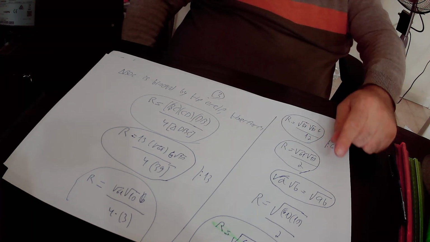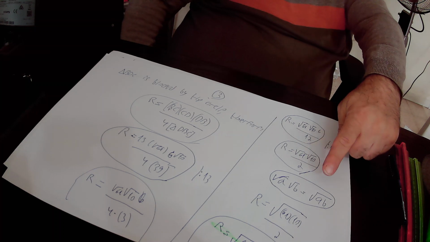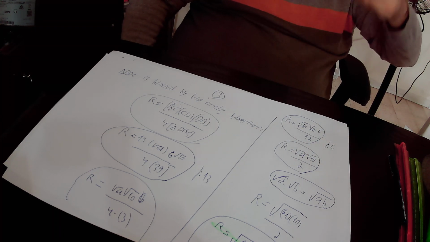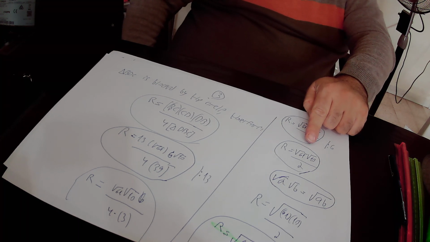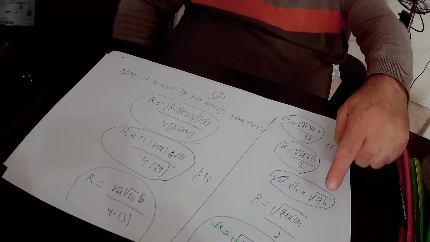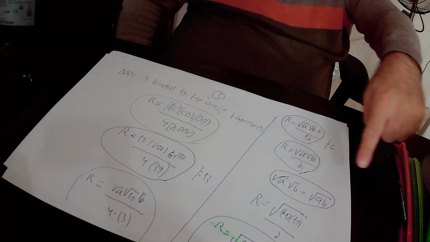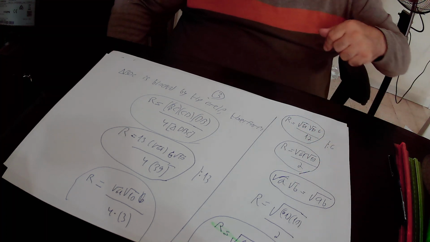We use the algebraic identity that the square root of A times the square root of B equals the square root of A times B. So the square root of 61 times the square root of 10 equals the square root of 61 times 10 according to this identity, all divided by 2.